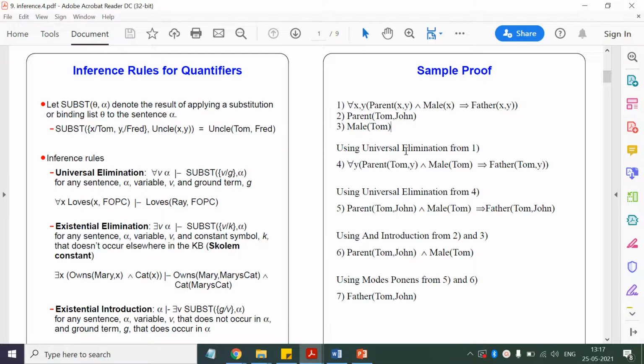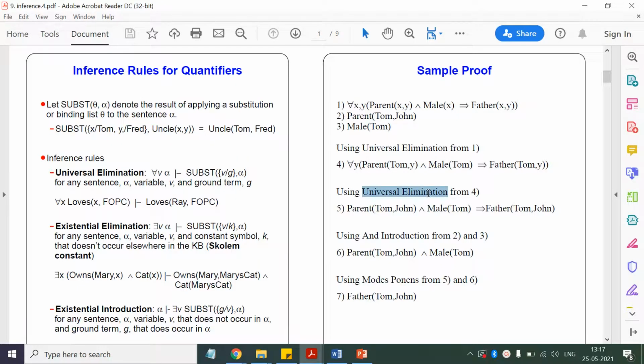So first is universal elimination, because we have universal quantifier. Let us apply that. We have two variables here, so let us first replace x. X is replaced with Tom. Okay, because we can see here Tom is there, so it is better to replace x with Tom. So at every location of x, x is replaced with Tom, and it is gone from this quantifier list also.